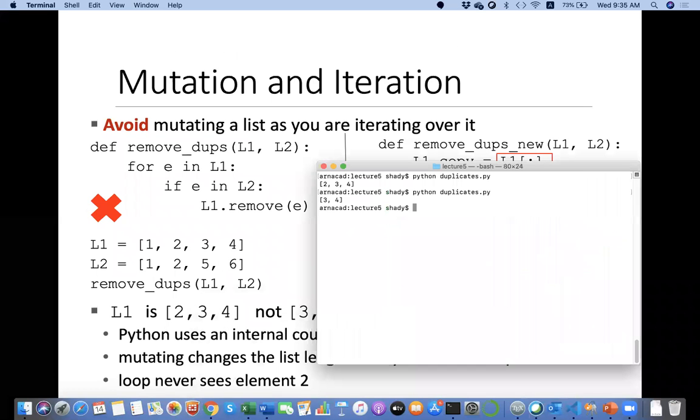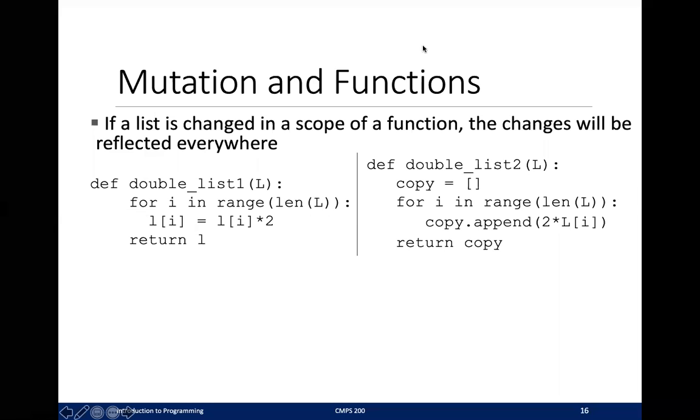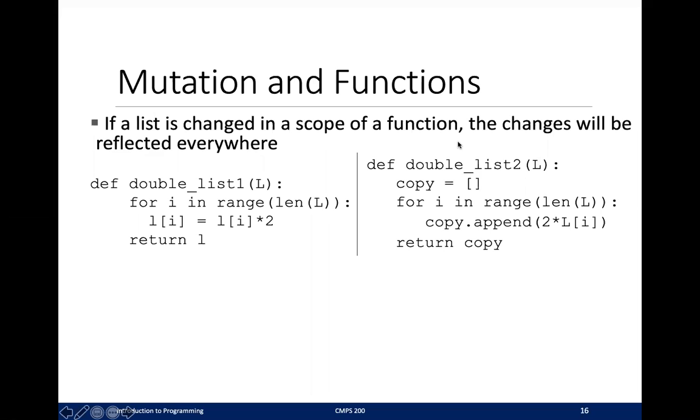Let's see, what do we have next? Okay, here's another example about scoping and changing of lists. Again, all of these things you have to give a try by hand. So let's say the following.